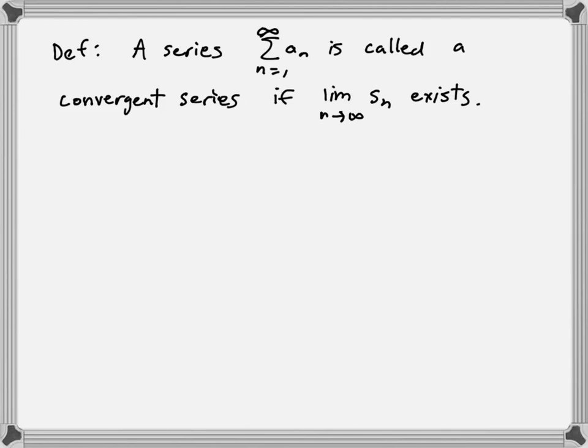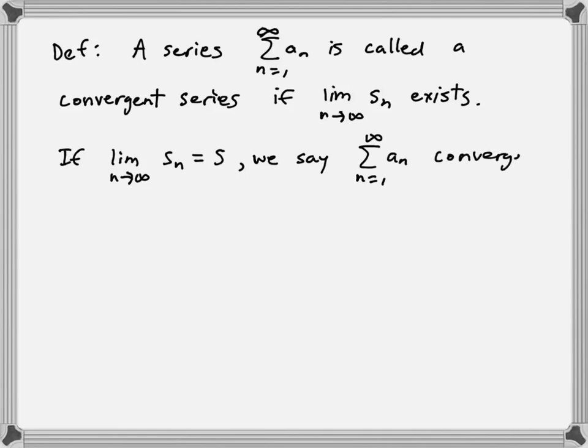Okay? So if the limit as n goes to infinity of S_n is equal to some S, we say that this series converges to S. So this is what it means for a series, or the series to converge to a number.